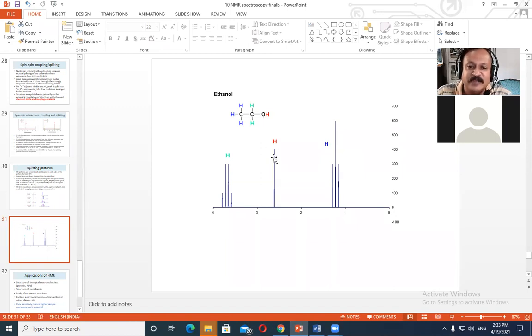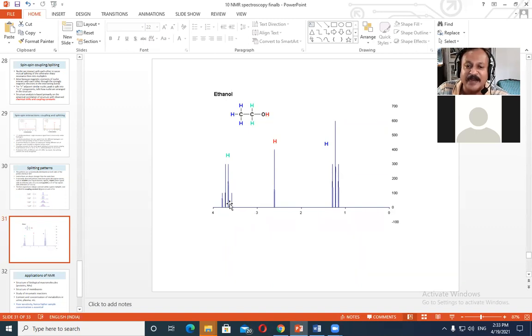And then this single standalone peak tells you that there is 1 proton somewhere in the structure which is different from the other types. So 4 means 3 protons, 3 means 2 protons, and the single peak means 1 proton. That is 3, 2 and 1, 6 different protons in total. If you count: 1, 2, 3, 4, 5, and 6.